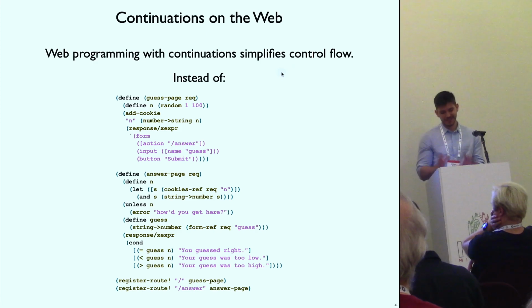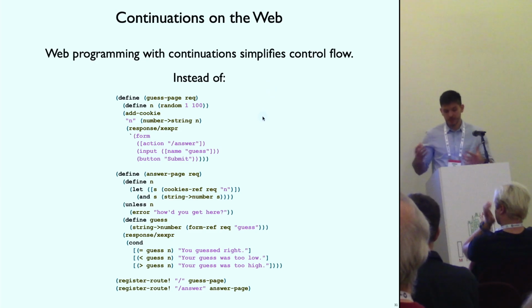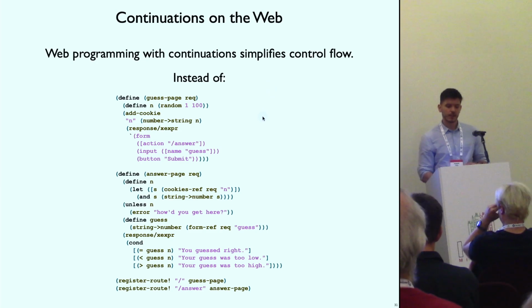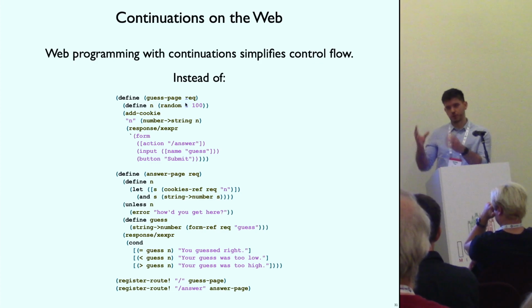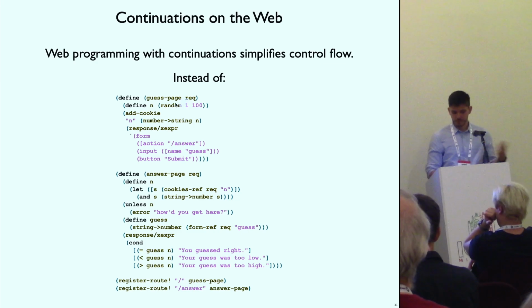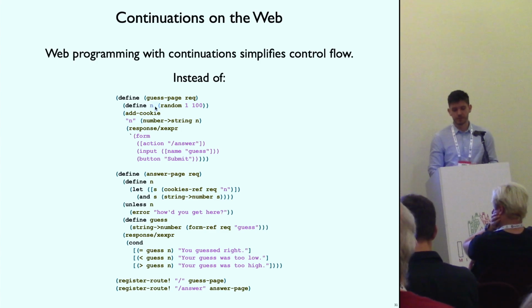But basically, this is some piece of code that implements a number guessing game using regular web programming techniques. How we normally do that is we have two separate pages, one for picking the target number and showing a form to the user. It picks a random number, stores the number in the user session, and renders a form that lets them make a guess and points at the other page.